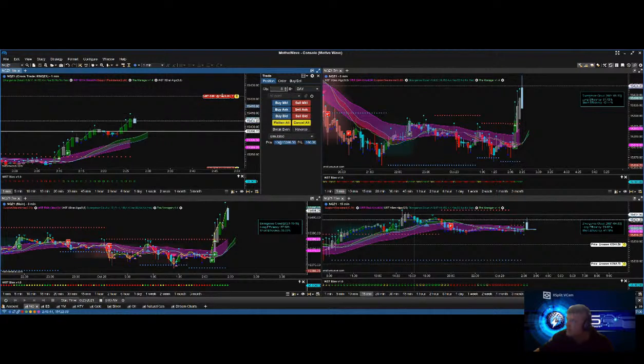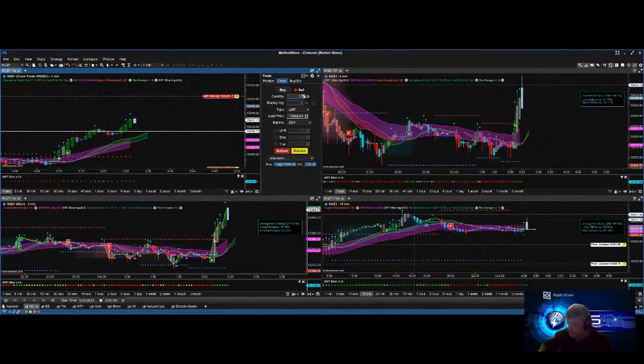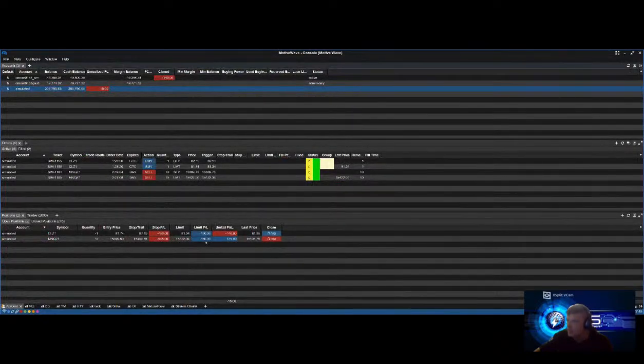Trade limit. Boom. There we go. Now let's see what that'll put us at. $450. Not too shabby. And oil is taking some heat.